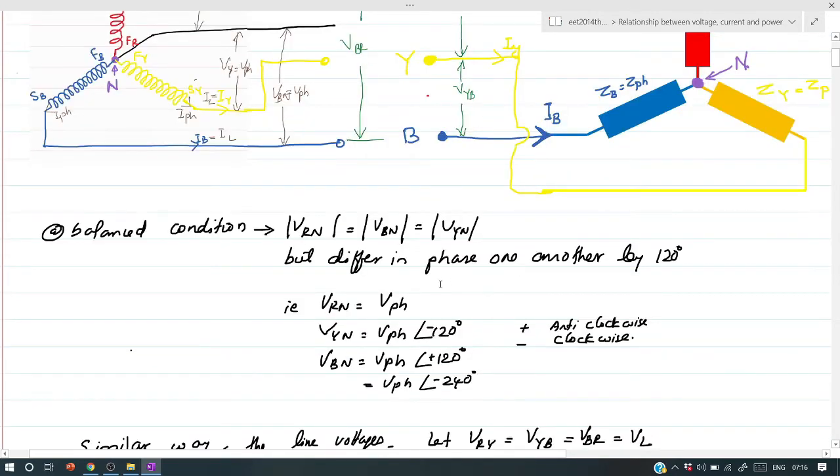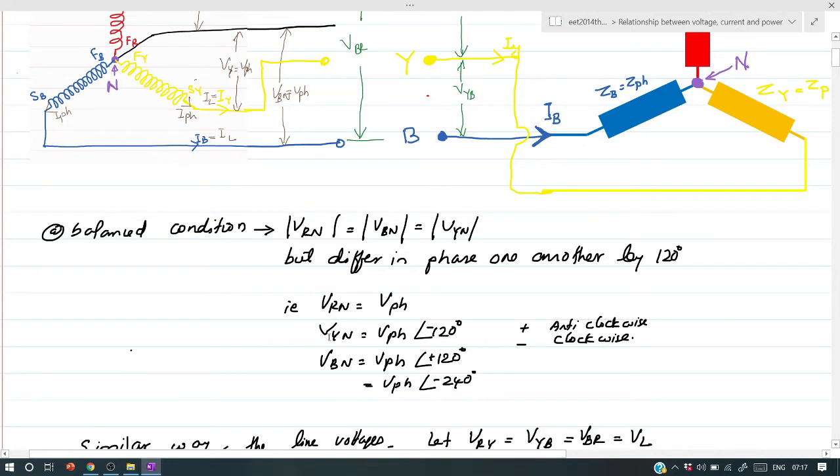As mentioned earlier, we can write VRN as V phase angle 0, it is not shown here. Then VYN, V phase angle minus 120 degrees, and VBN, V phase angle plus 120 degrees or V phase angle minus 240 degrees. In electrical systems, plus indicates anti-clockwise direction and minus indicates clockwise direction.